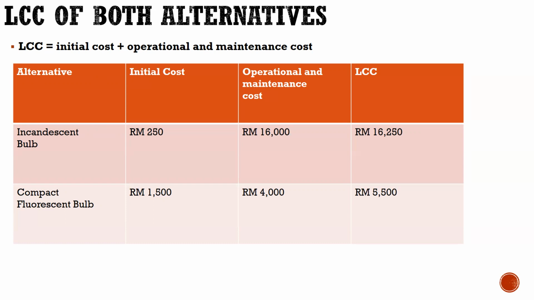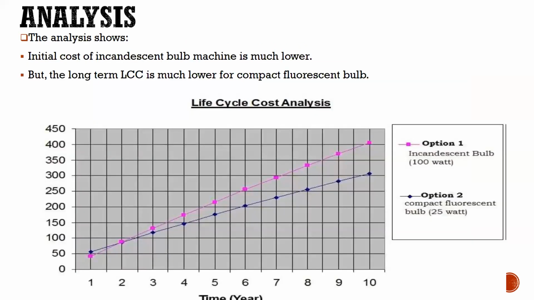If you are wise enough, based on this analysis, the company may choose to buy the compact fluorescent bulb, which is more economical and suitable for the company. So this is the analysis.